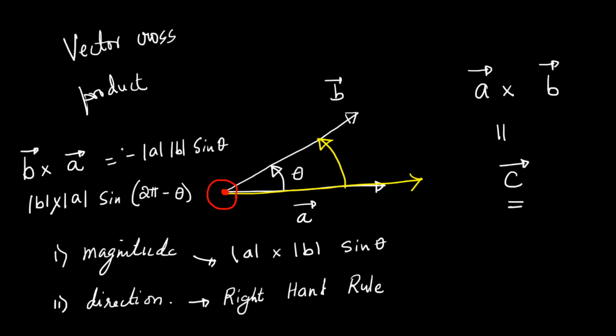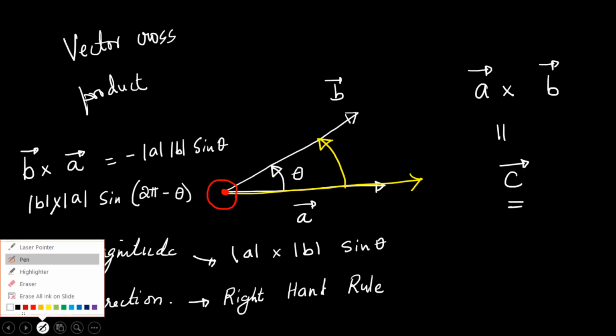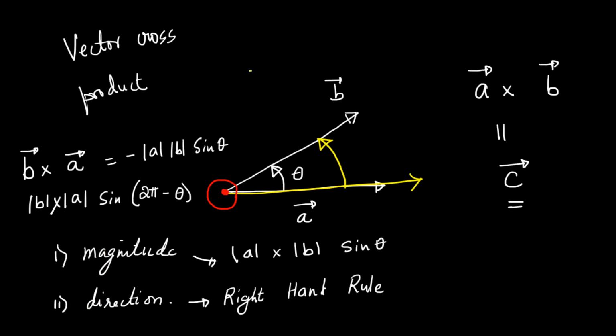So how do you interpret this? One way to say it is that I'm going to curl my fingers from B to A, in which case I'll find that the direction is into the plane of the paper, which I'm going to show like this. So the magnitude in terms of length is the same, that is mod A mod B into mod of sine theta, and the direction is always given by the right hand rule.